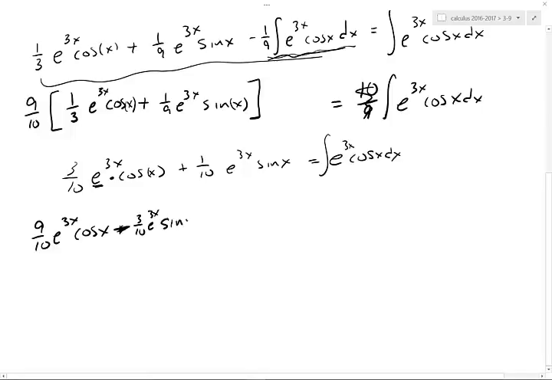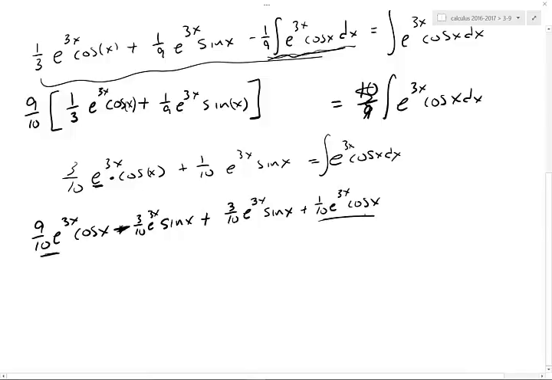So I'm just going to make that negative. Plus, this is going to be 3/10 e to the 3x sine x plus 1/10 e to the 3x cosine x. And if you clean this mess up, this plus this is what?